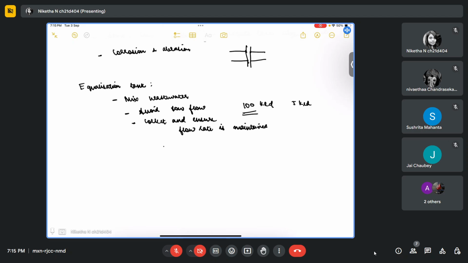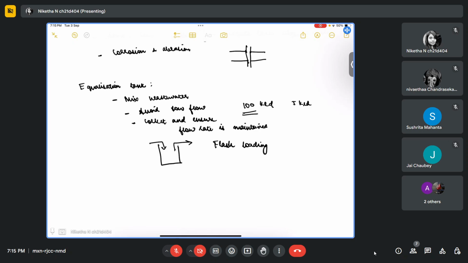whatever low flow is coming, it will regulate the flow accordingly and then send it to the next treatment process, so that you don't have cases of what is called flash loading, where unexpectedly the treatment plant has a high load, and after that there is no flow at all.